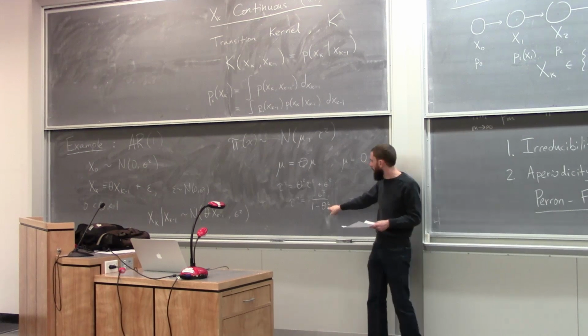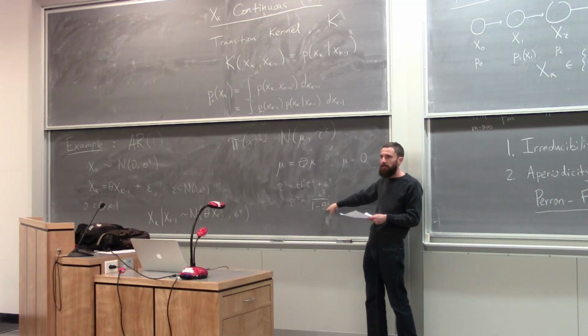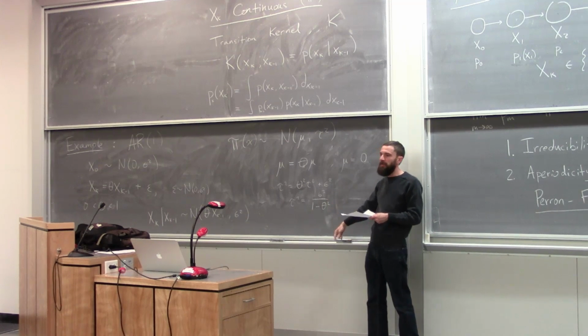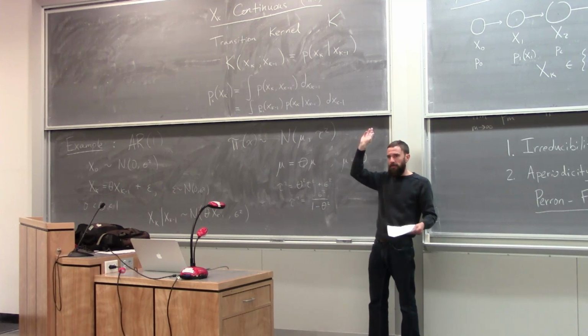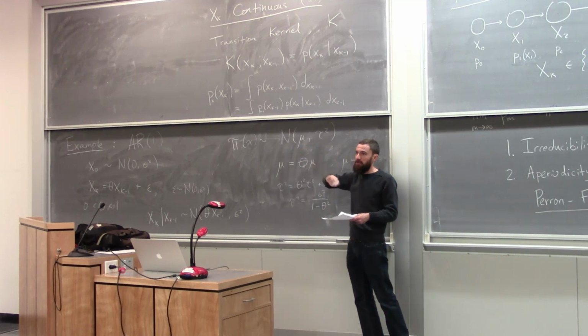And you can see why I capped theta at strictly less than 1, because if I get up to 1, this gives me infinite variance, and the thing blows up and does not converge to a stationary distribution.